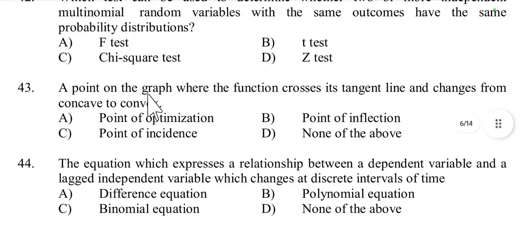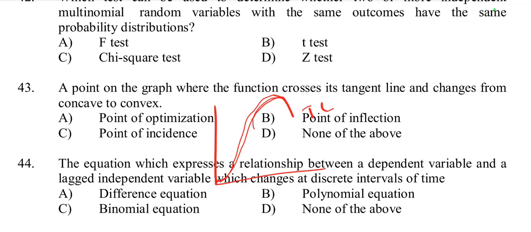Then question number 43. A point on the graph where the function crosses its tangent line and changes from concave to convex, that is point of optimization, point of inflection or point of incidence. That is called the point of inflection. Now you see the picture of TU.